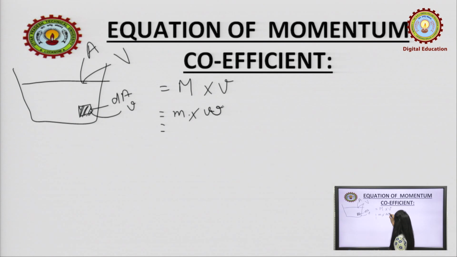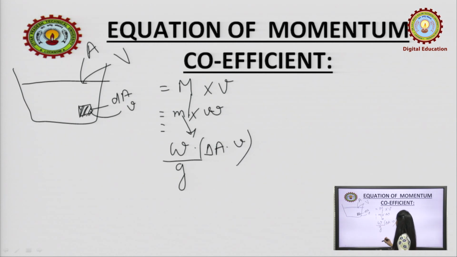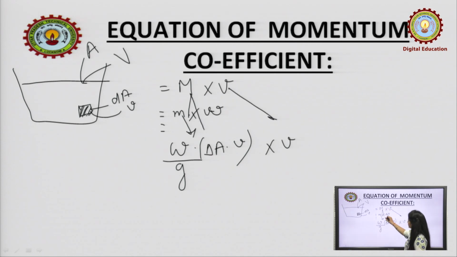Mass can be written as specific weight into delta A into v by g. This will be mass into small v, m into v. m is written as weight by g, and here v is v.